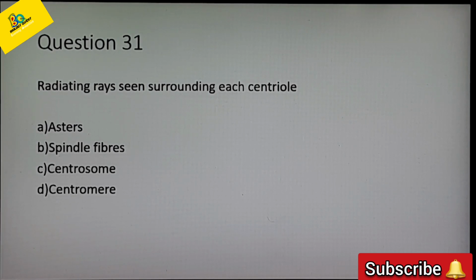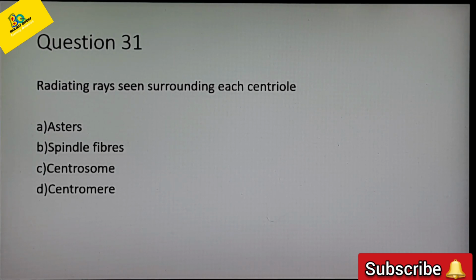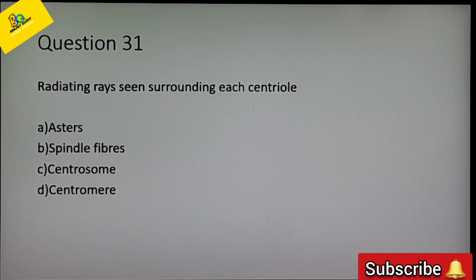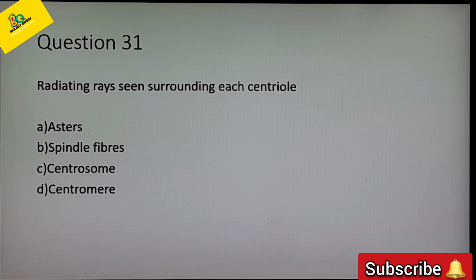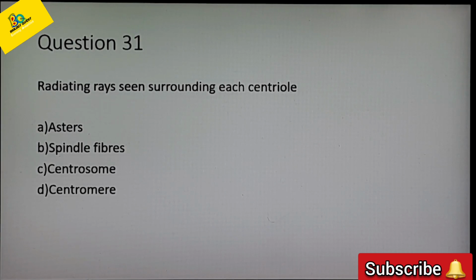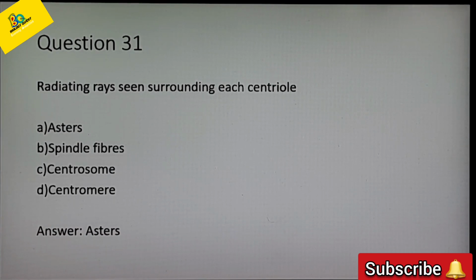These centrioles are rod-shaped structures placed at right angles to each other in a centrosome. So, radiating rays seen surrounding each centriole of a centrosome is the aster. Asters are the radiating rays. Okay, so the correct answer is option A, asters.